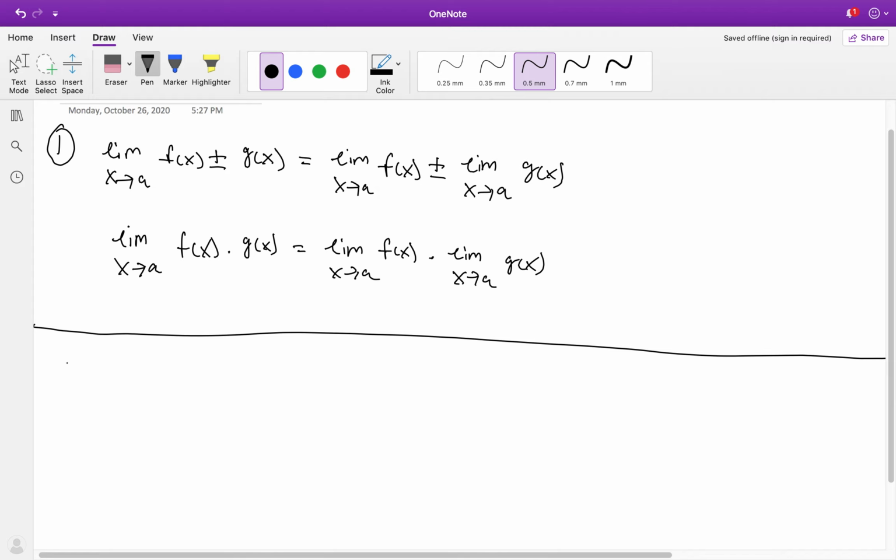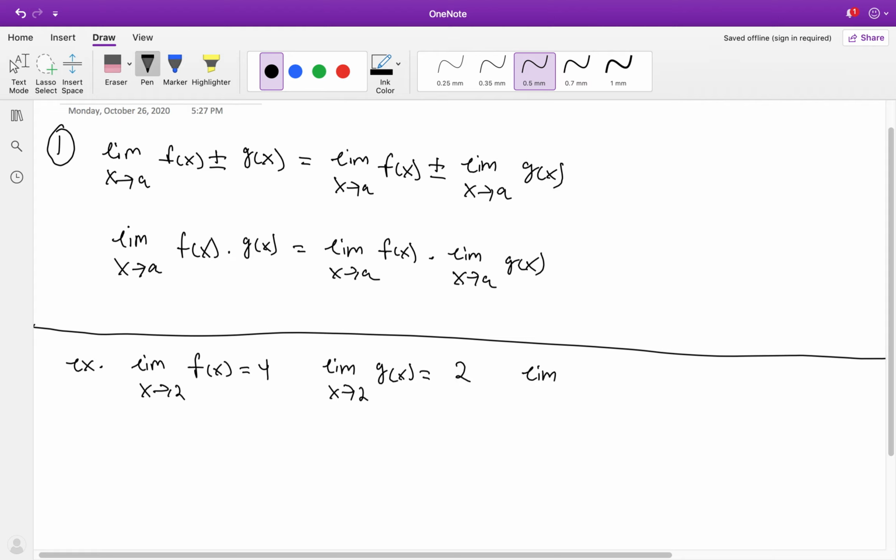And so an example you could see on a test or quiz is where they would give you a set of conditions. Limit as x approaches 2 of f of x equals 4. Limit as x approaches 2 of g of x equals 2.